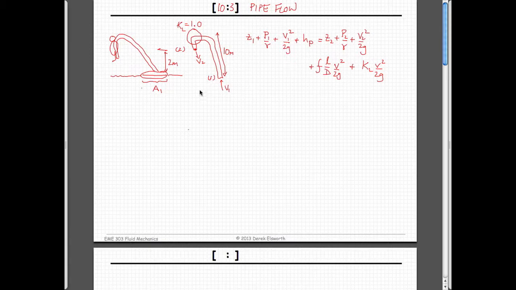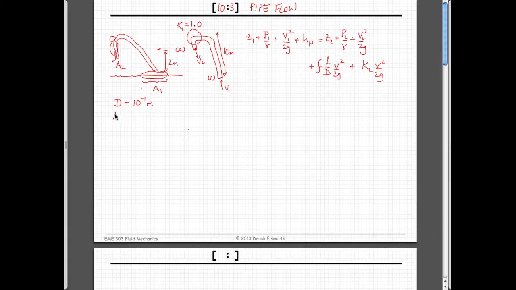What else? We need some areas. I couldn't tell, but it seemed like the diameter of that was of the order of 4 inches. It probably was a bit less, but 4 inches is convenient. Let's have the diameter of the pipe and the nozzle be equal to 4 inches, which is 10 centimeters.